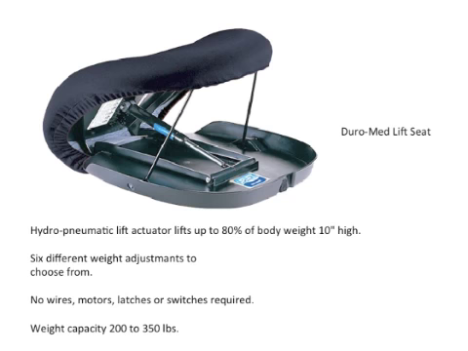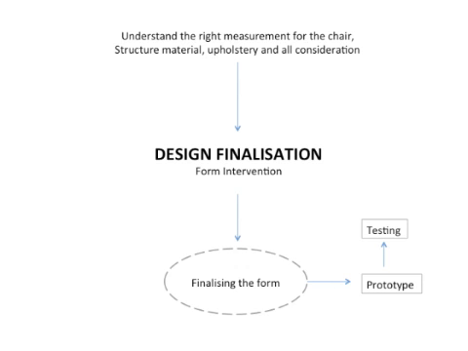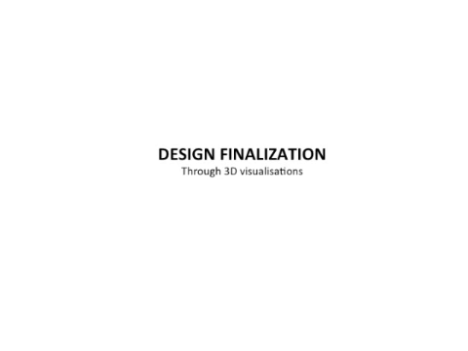When I managed to understand the right measurements for the chair, the structure, material, upholstery, and all considerations, I needed to finalize the form and prototype, and then do testing. So this is the design finalization through 3D visualization. It is called Relief, and its color is quite yellowish.